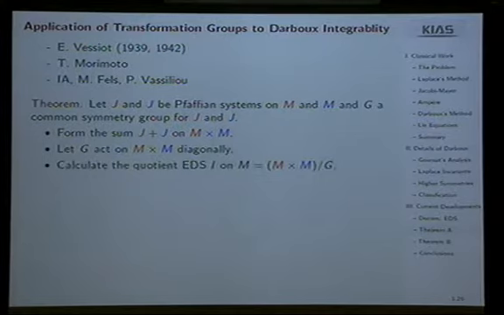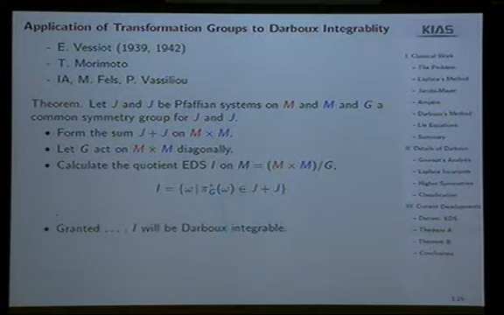So that is to say, look at the forms in here, which are pullbacks under the quotient map to this quotient. Okay, and then theorem. This system that you get by starting with two arbitrary differential systems and forming this quotient will always be Darboux integrable.